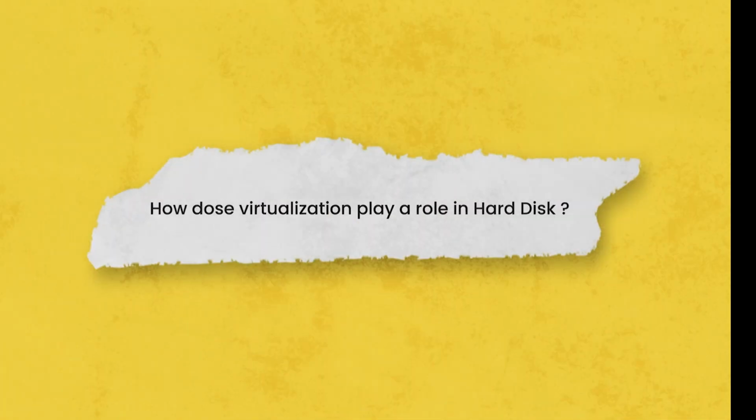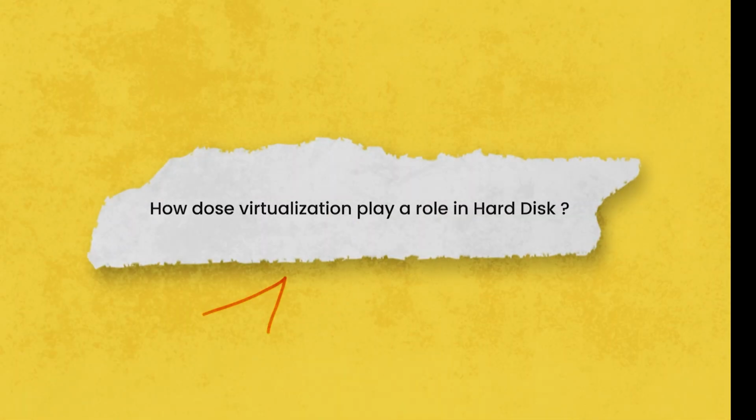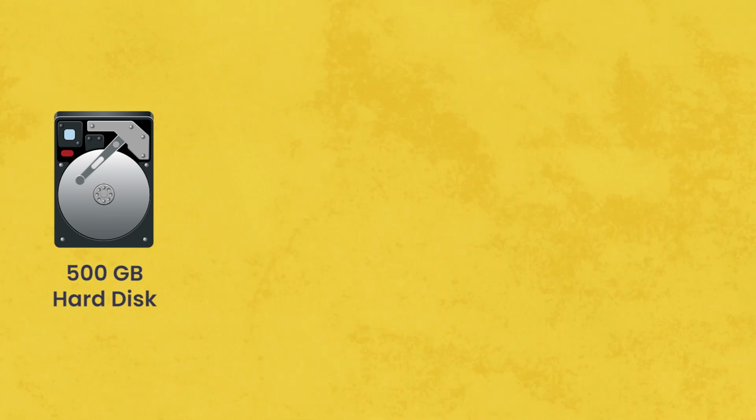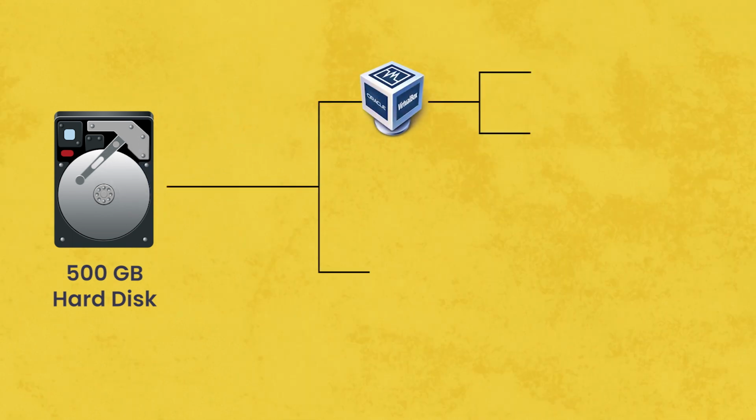How does virtualization play a role in a hard disk? Imagine you have a 500 GB hard disk. Now, from the 500 GB hard disk, you are allocating 100 GB to your virtual machine. And from that 100 GB, you are keeping 4 GB as your RAM and the remaining for your hard disk.